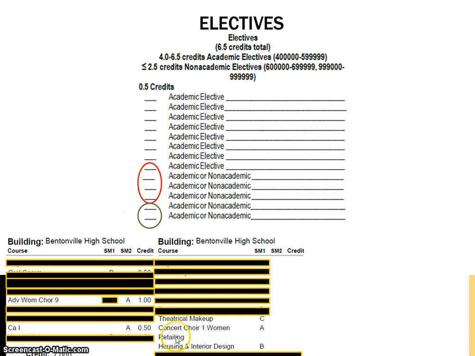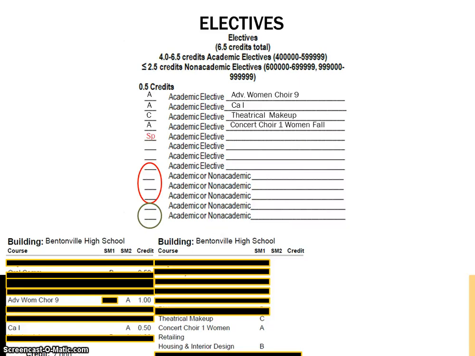Notice that on this one for retailing, there's not a grade. That means the student is currently enrolled in that class, and so we are going to add that to these electives, but we're going to put the placeholder for spring in the grade spot. So they made an A for second semester in advanced women's choir, an A in CA1, a C in theatrical makeup, an A in concert choir women fall.